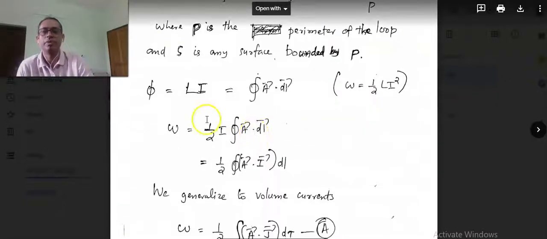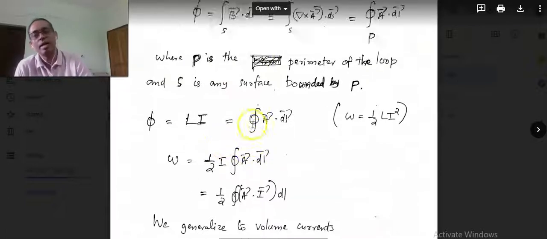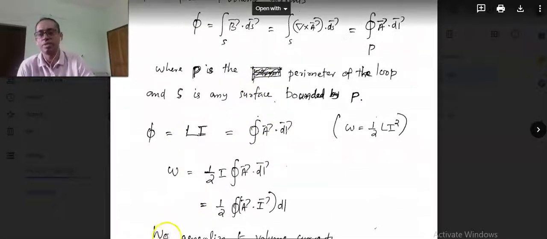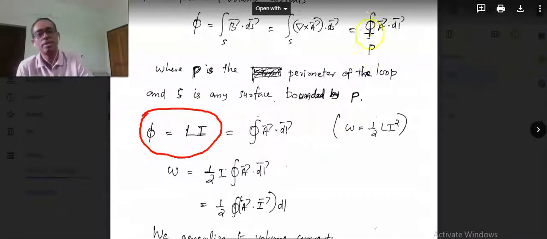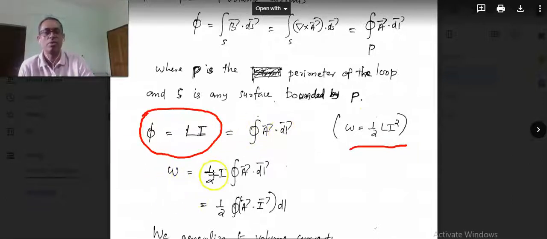Now phi equal to Li, that definition we know. And phi is also given by the integral of A dot dl, so that we substitute. Work done is actually half Li squared. So for Li, I am giving this integral of A dot dl. So W equals half I times the integral of A dot dl.